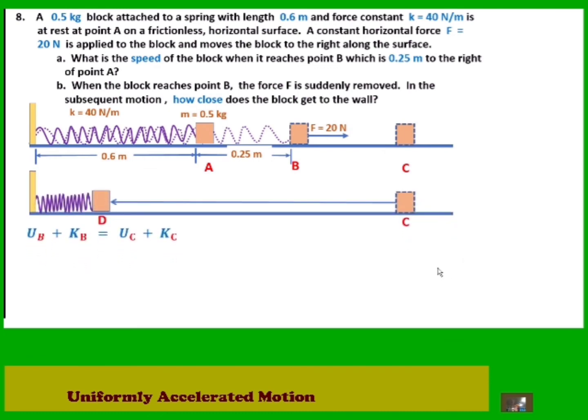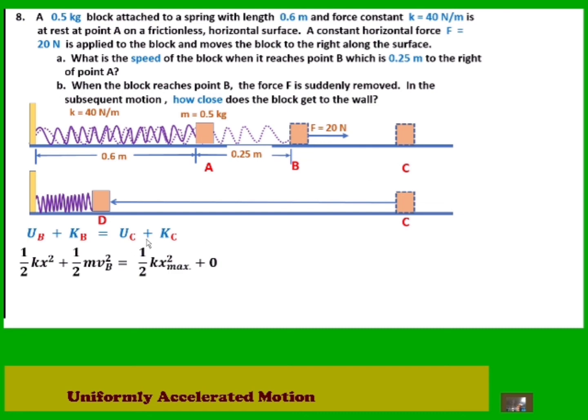Next, considering the motion of the block from point B to point C, because after the force is suddenly removed, it continues to move from point B to point C due to its momentum. So at point B, its elastic potential energy is equal to 1/2 kx squared. Its kinetic energy at point B is 1/2 mv squared.